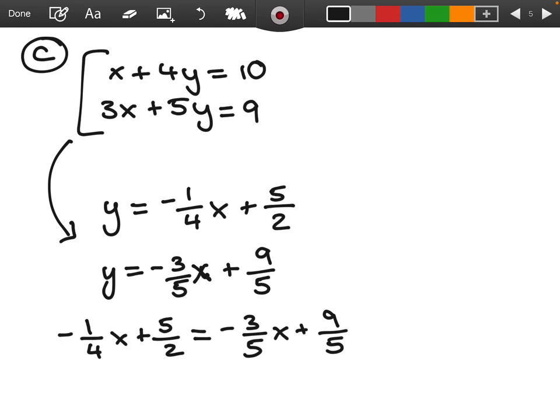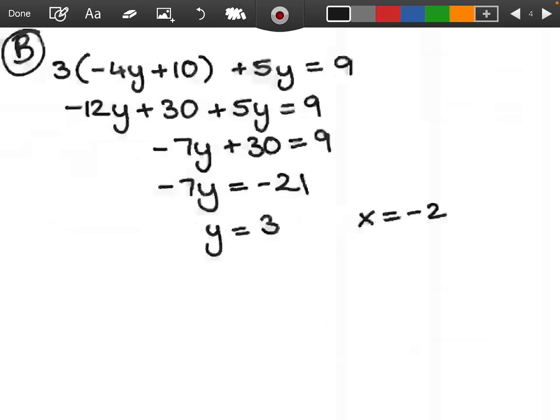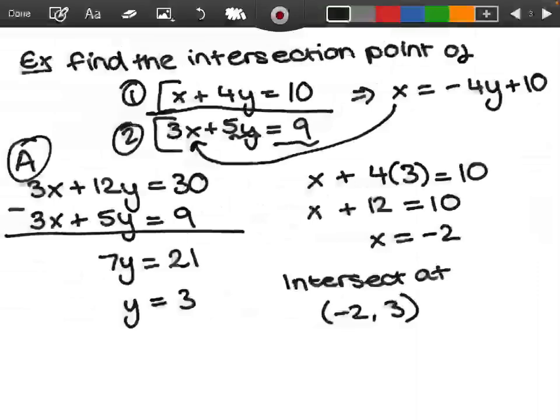Once you have solved for x, you'll take your x value, plug it into either one of these equations and find the appropriate value for y, and you should end up with the exact same answer of negative 2, 3 being the intersection point that we did before. Okay. So that's kind of three different ways of doing this if you are given an example where your lines are not in slope-intercept form.